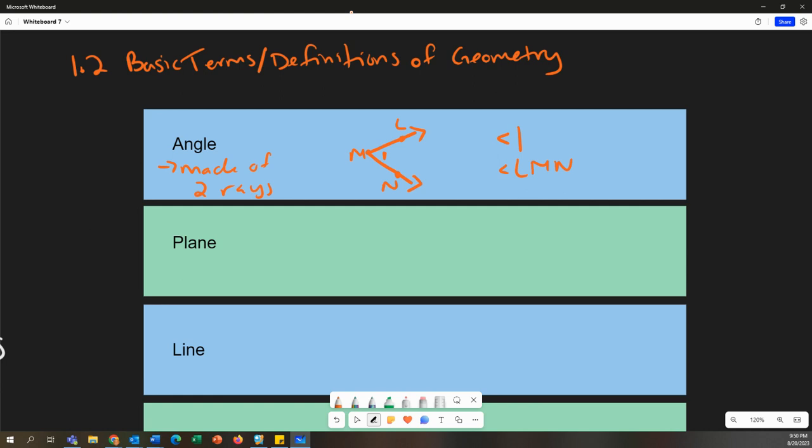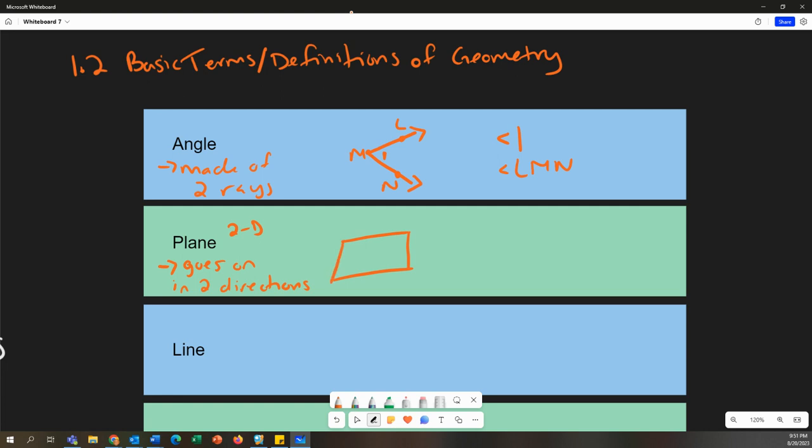A plane is two-dimensional. It goes on forever in 2 dimensions. Okay, it's 2-dimensional. So picture a piece of paper that's floating, and it keeps going forever technically, but I imagine that piece of paper because it's flat. Normally a plane is drawn with 4 sides, but it doesn't have to be.